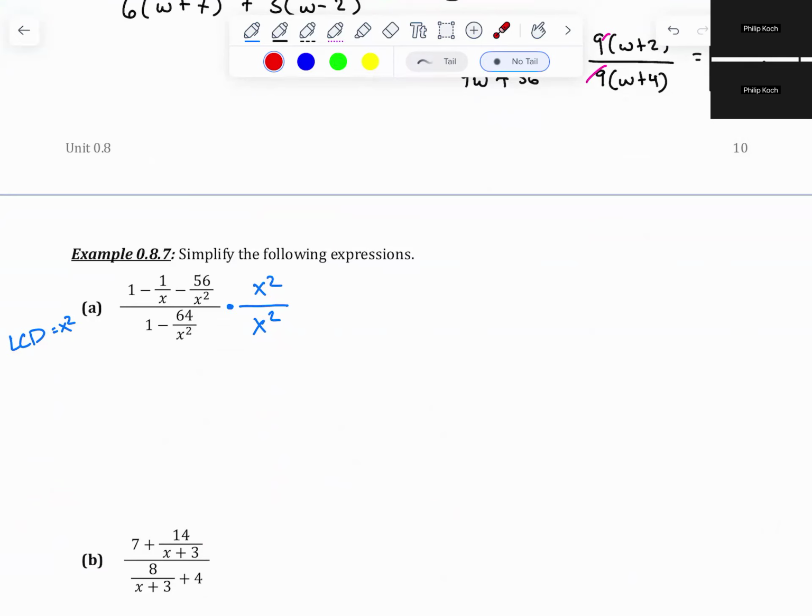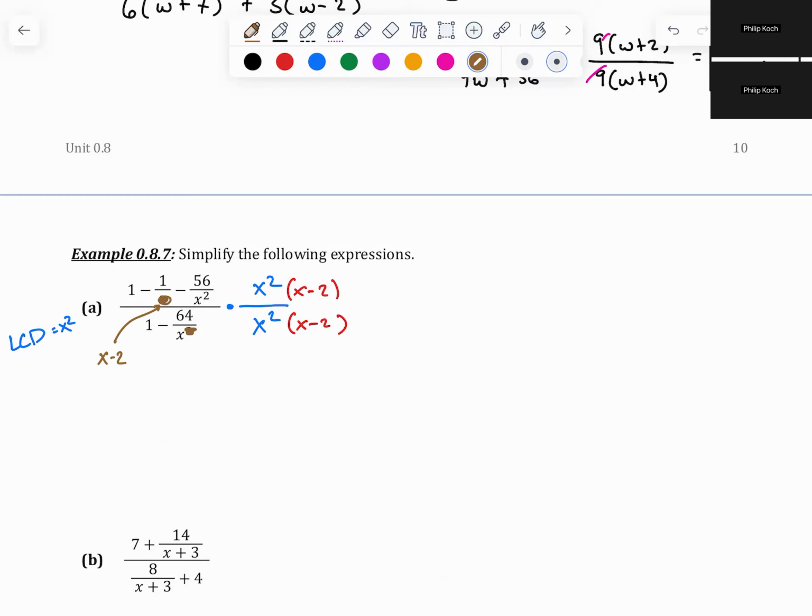So if it was 1 over x minus 2 minus 56 over x squared, then would it be x minus 2 over x squared? Yes. If instead there had been x minus 2 right there, and this is an x now, then it would be x squared times x minus 2.